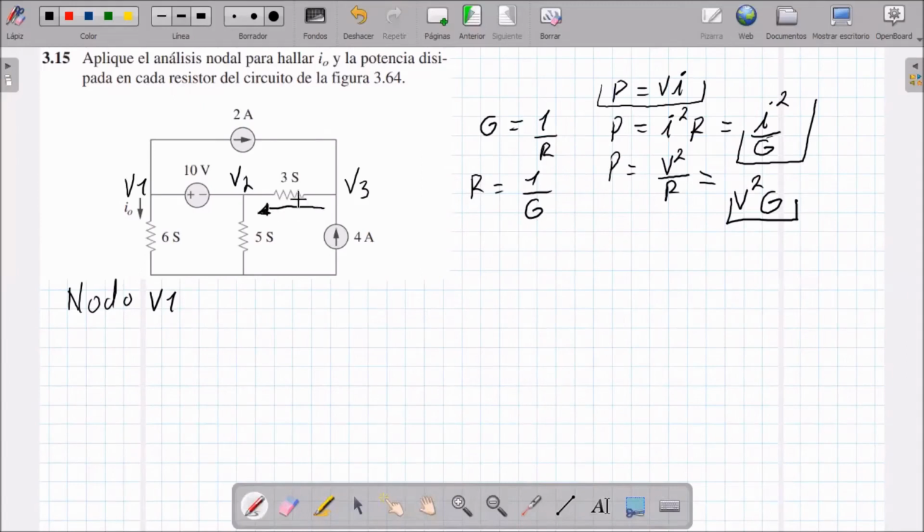It has to come out from one side. This current that I marked here reaches this point and it has to take a direction to one side, so I'll say it comes this way. Note that I am not marking the current direction in the voltage sources yet.